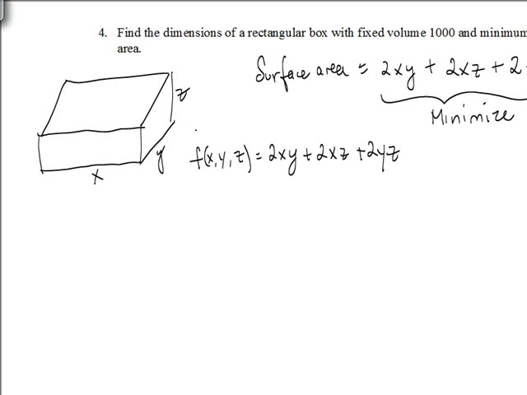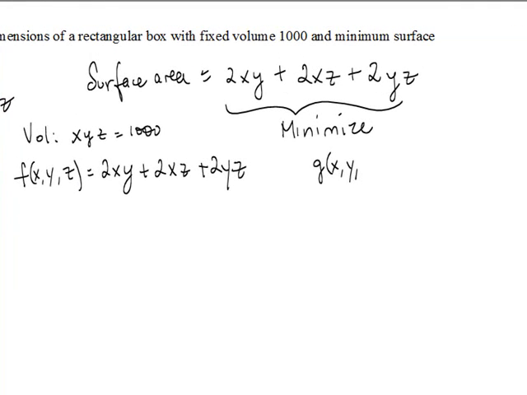What is the volume of this box? xyz, right? And that's equal to 1,000. Agreed? So what is our constraint? g of x, y, z is xyz minus 1,000.